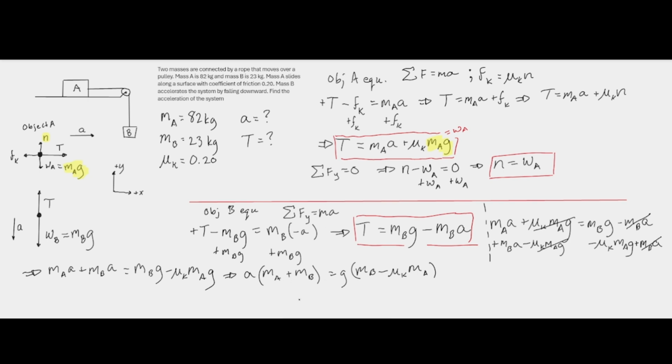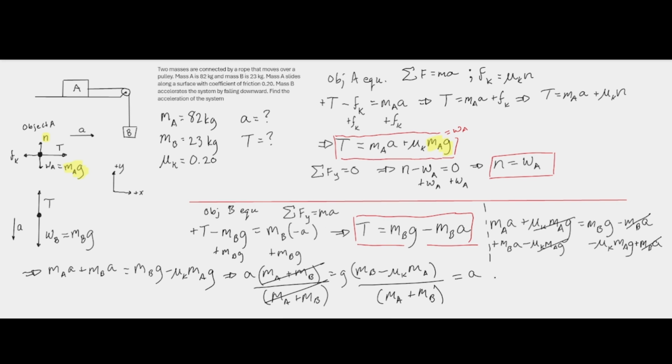And then I can divide both sides by the quantity, the mass of A plus the mass of B, to get A by itself. So I'll do that on both sides of the equation. And this then becomes, A is now by itself because these two values are the same number divided by themselves, so that is 1.